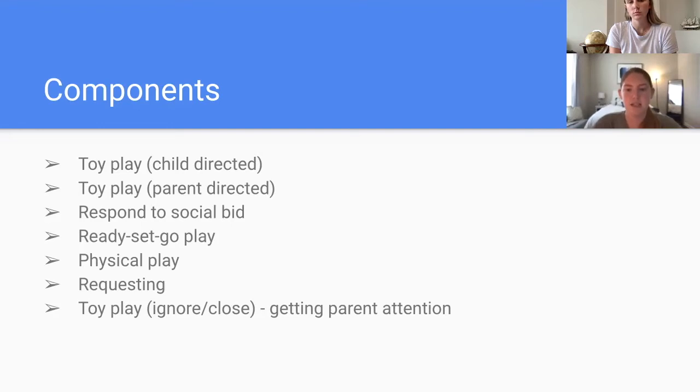And then finally, a toy play that is closed. So the parent is ignoring the child in this. This is generally when the clinician is talking about the assessment and overall observations with the parent, and you're just seeing if the child tries to engage the parent again in play.